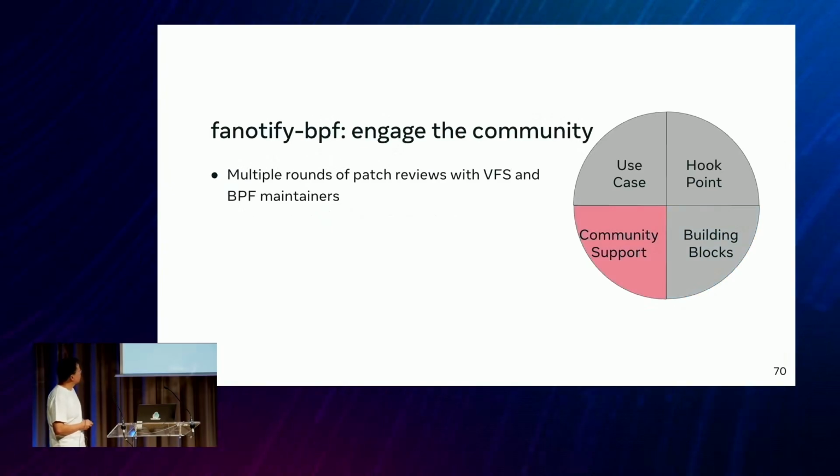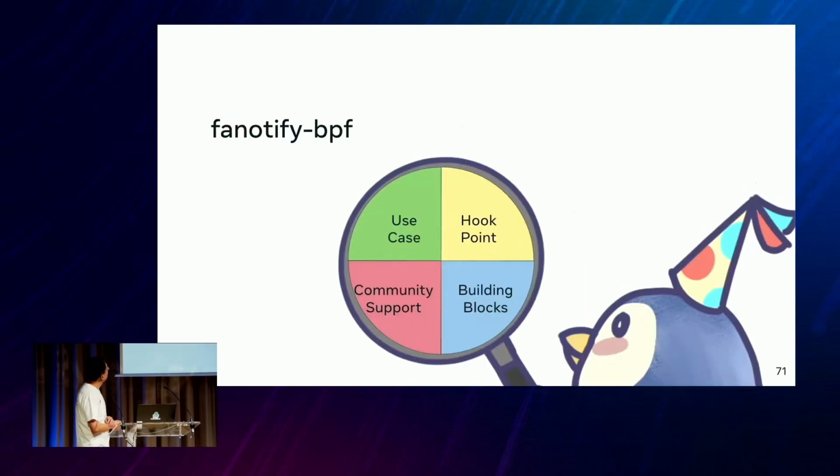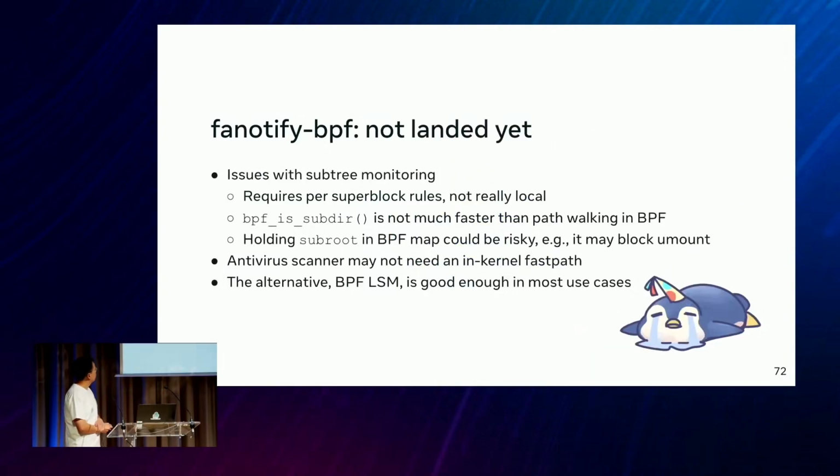Finally, I started working with the community. There were multiple rounds of review with both VFS and BPF maintainers. OK, this is my PR for BPF fanotify. But it didn't go well until now.